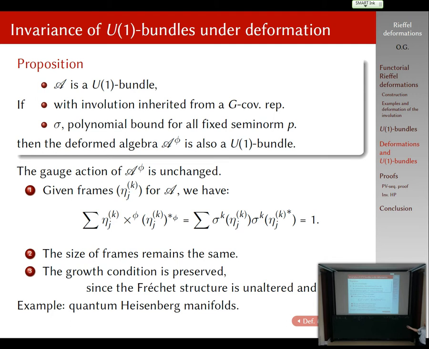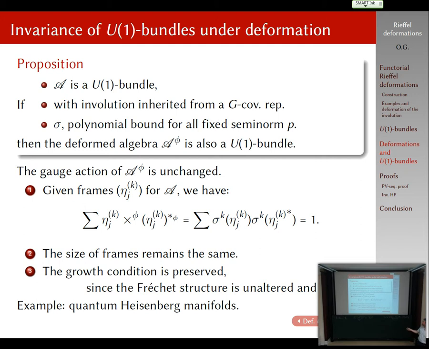That is to say, if you start from such a U1 bundle, with involution inherited from a G covariant representation, remember, at some point I discussed the deformation of the involution, and if you take an automorphism sigma of A which has a polynomial bound for all fixed seminorms, then the deformed algebra obtained from our deformation construction is also going to be a U1 bundle in the sense I introduced before.